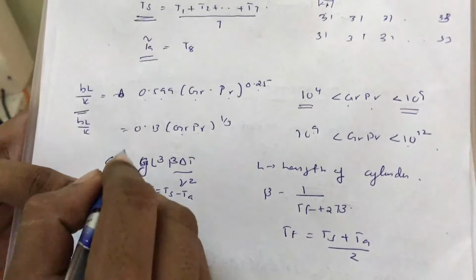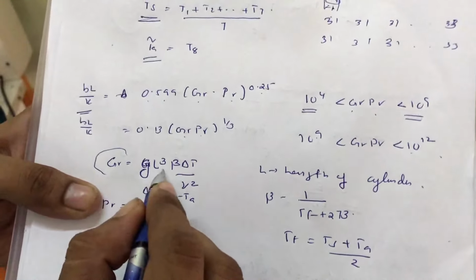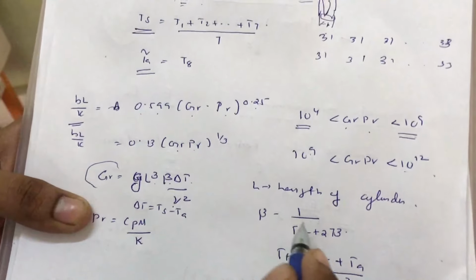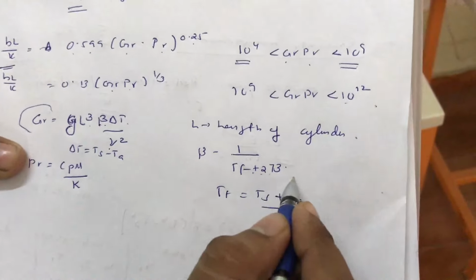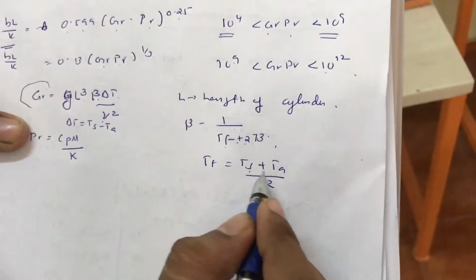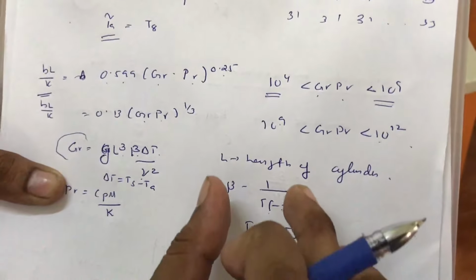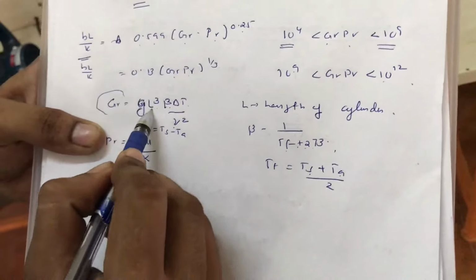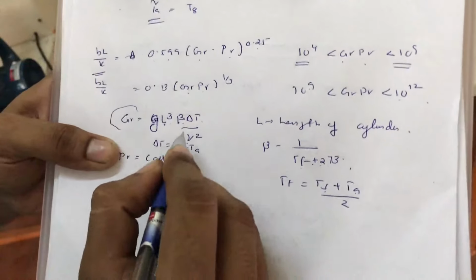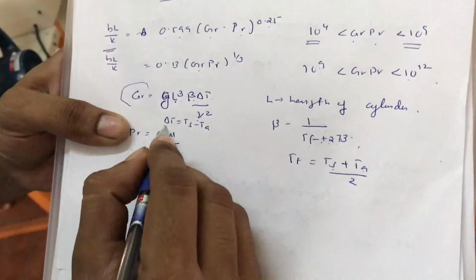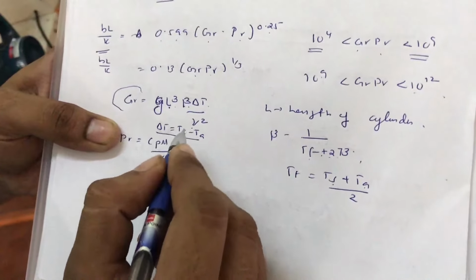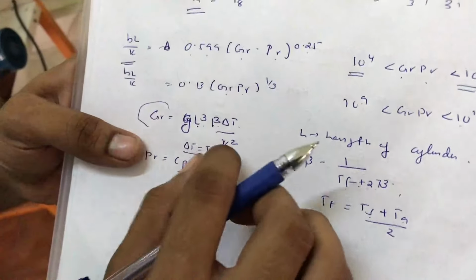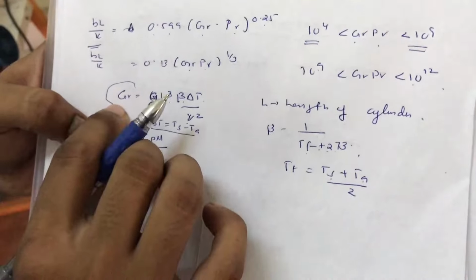The Grashof number is g L cubed beta delta T by nu squared, where beta is 1 by (Tf plus 273) and Tf is equal to (Ts plus Ta) by 2. g is the acceleration due to gravity, L is the length of the tube, delta T is Ts minus Ta, and nu is the kinematic viscosity of air. Substituting these values, we get the Grashof number.